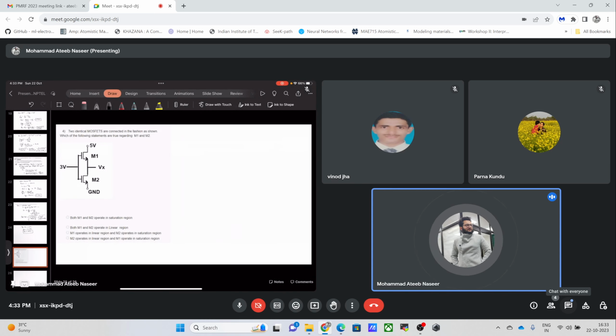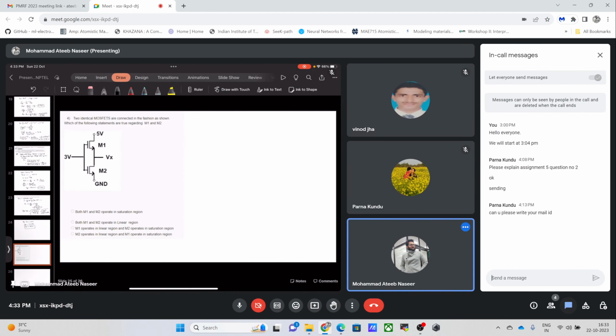Now, moving towards another problem, which says that we have these two identical MOSFETs where, okay, can you please write your email ID? Sorry, ATEEP20.